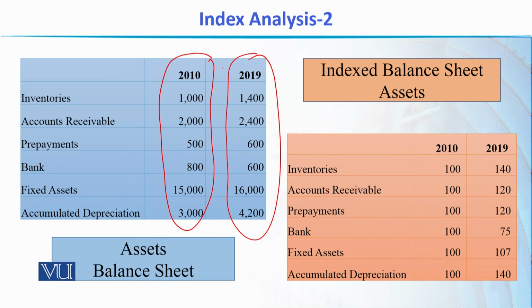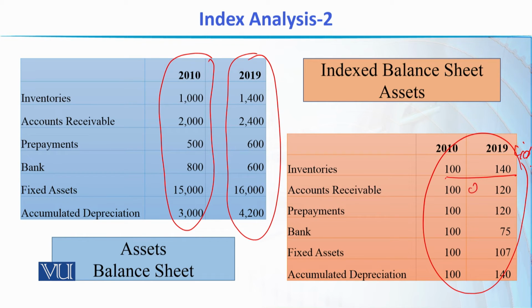Now let's compare this balance sheet with the indexed balance sheet. Here you can see that the inventory from 100 has gone up to 140, meaning there is a 40% increase in the value of inventory.